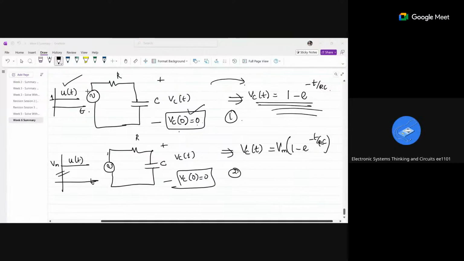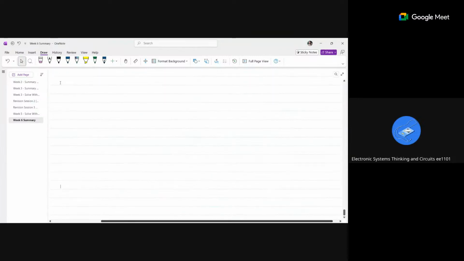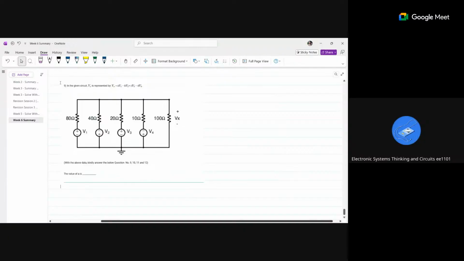Actually, for this question, you have to use a formula. Wait, let me copy paste the question. See, it is like this. For this, there is a direct formula also.